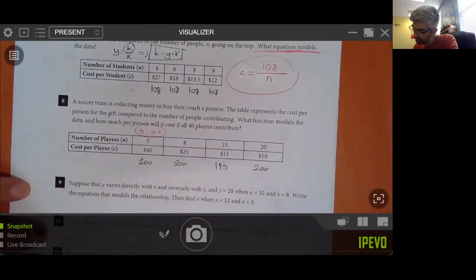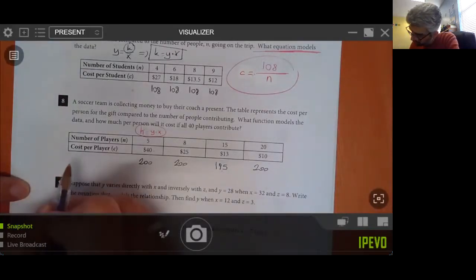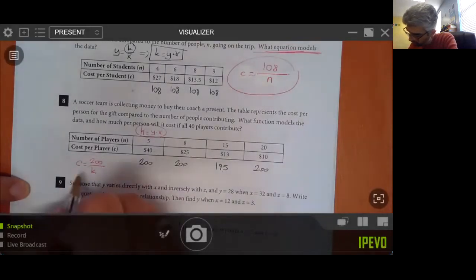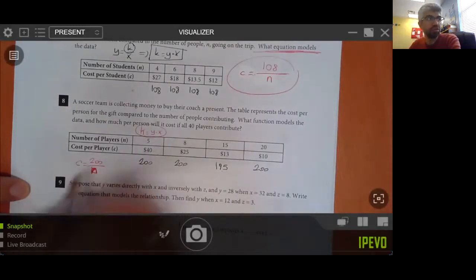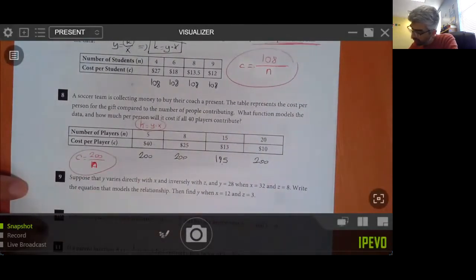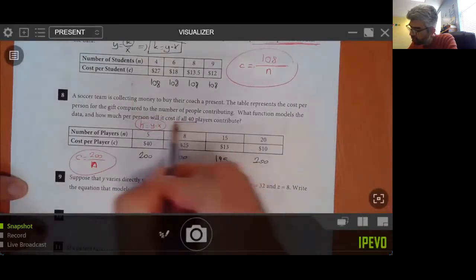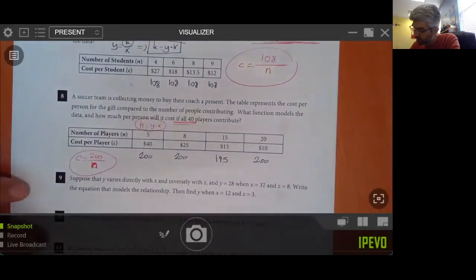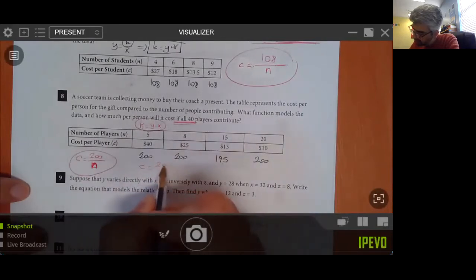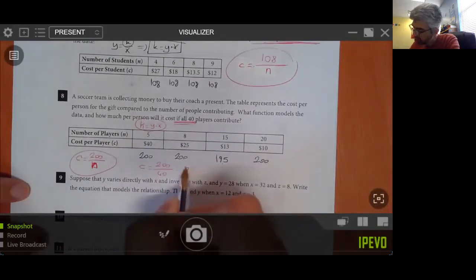The data and how much per person. We will have C equal to 200 over K. Not K, sorry, N. C equals 200 over N. This is the function model, and the cost if all 40 players contributed: the number of players is 40, so C will be equal to 200 over 40, which is 5.